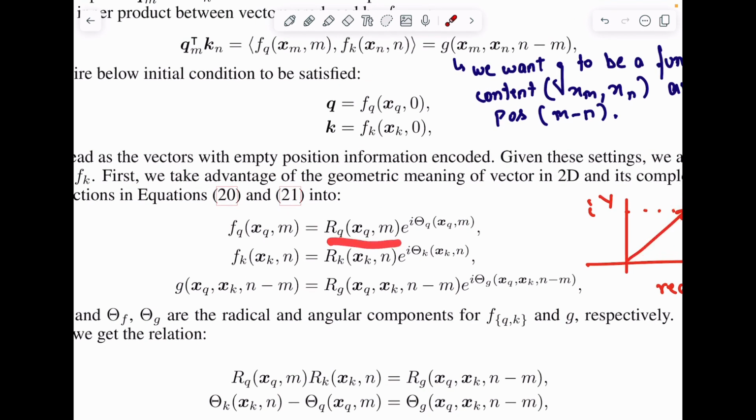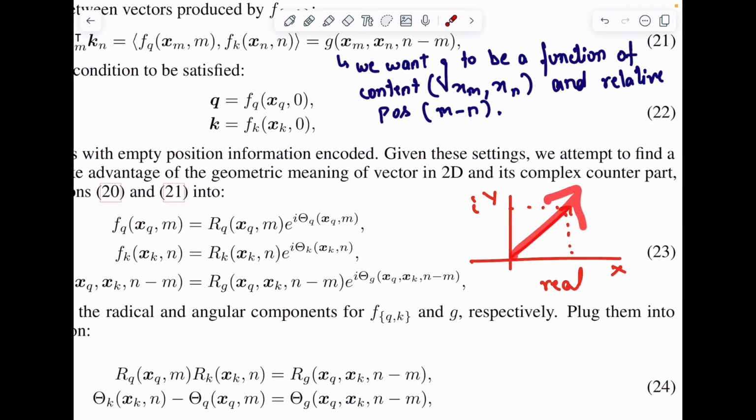They have written rq represents the magnitude of this vector, which again will be a function of xq, the content of the query, and the position of the query, and the imaginary part is based on the angle theta q, which again will be a function of the content of the query and the position of the query.